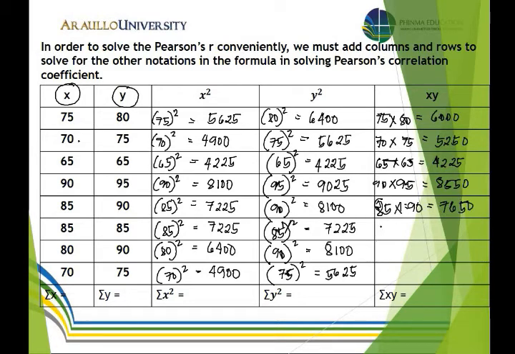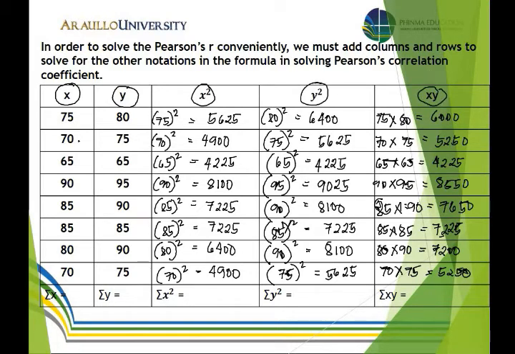Next is 85 times 85 is equal to 7,225, and then we have 80 times 90 is equal to 7,200. And then we have 70 times 75, we have 5,250. Okay. So, ayan. We're done with x squared, y squared, and then xy.